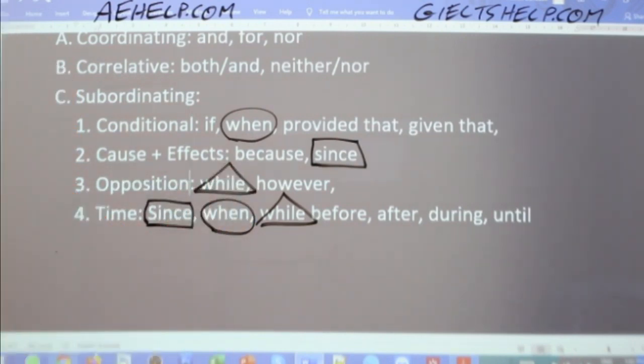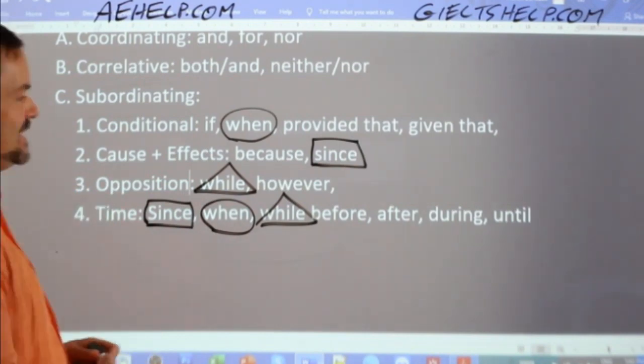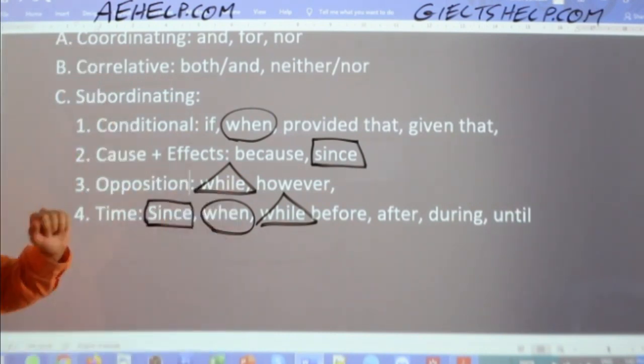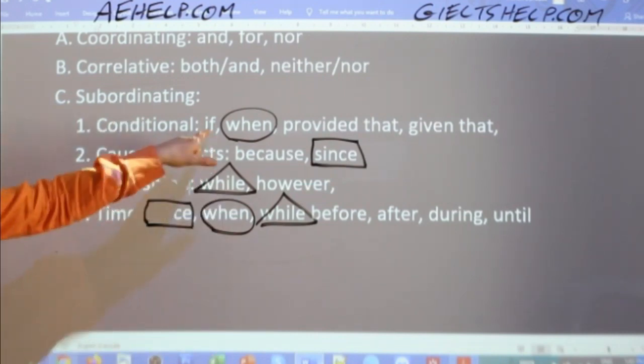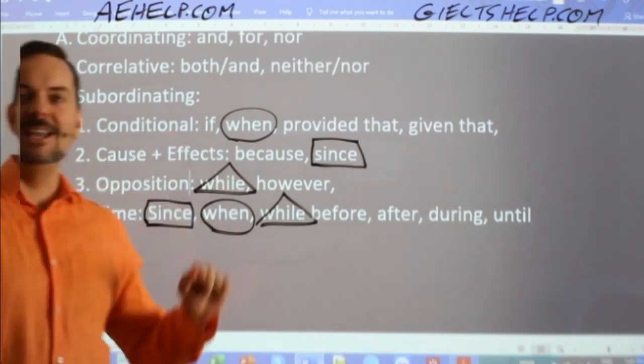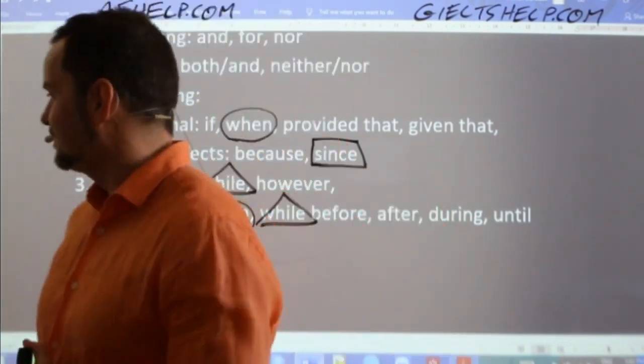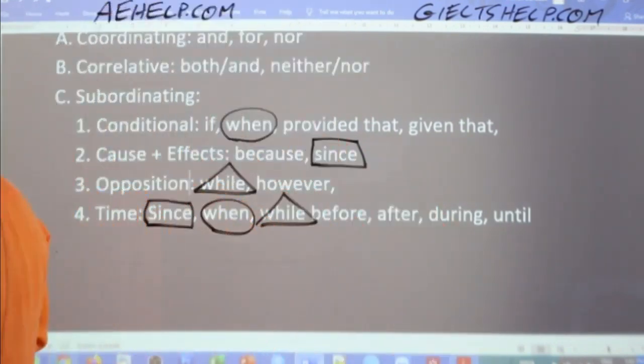What's going on? Why do you think that is? This is the million-dollar question. So why do time conjunctions for subordinators also exist in the other types? Can anybody answer that tricky question of the day? If you can, you'll get my super double thumbs up.